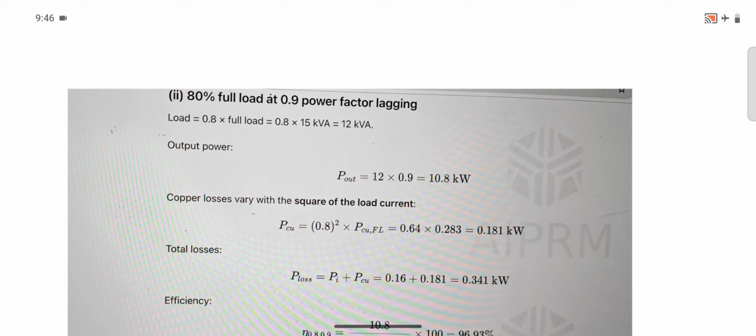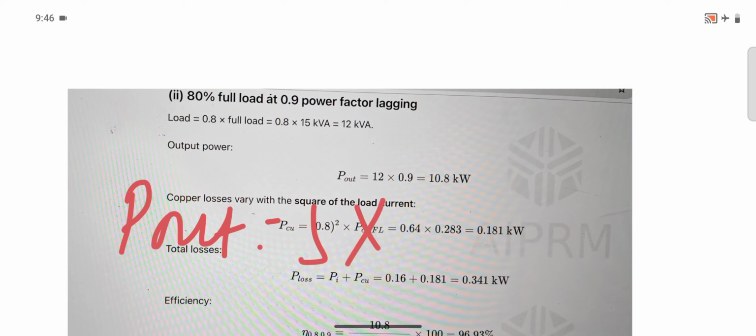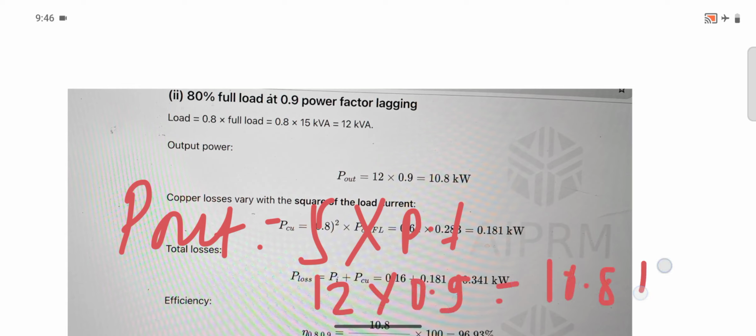Now we have to calculate output power. The formula of output power is rating into power factor. At 80% full load it is 12 into 0.9, so 10.8 kilowatt is our output power.